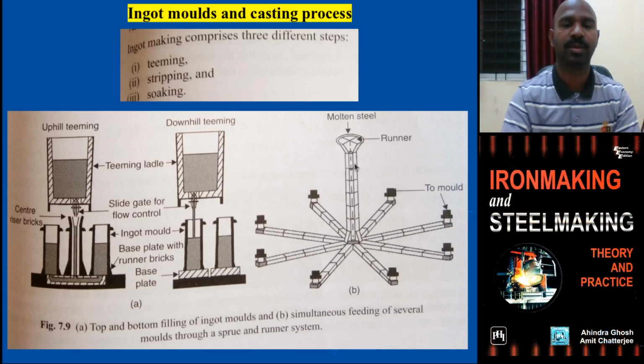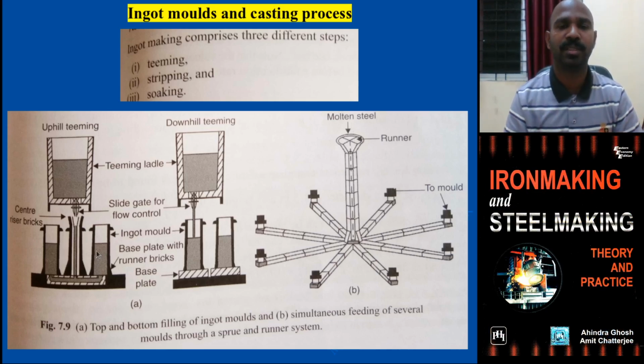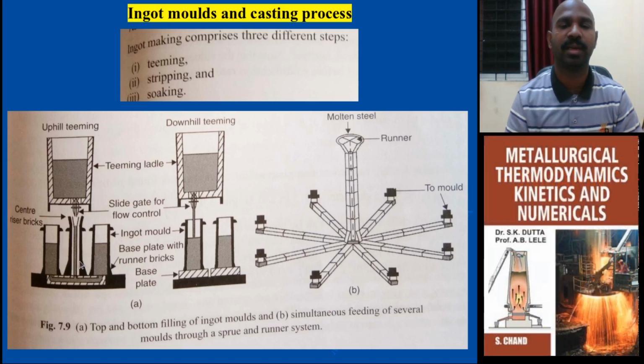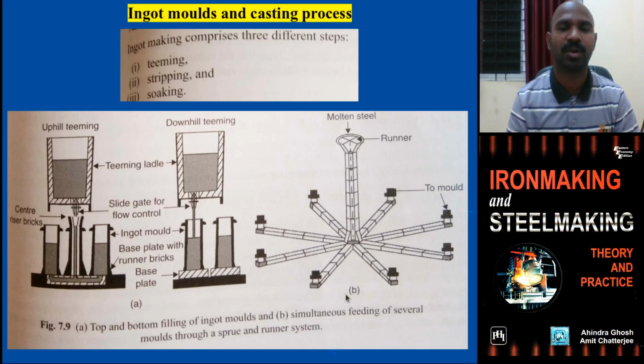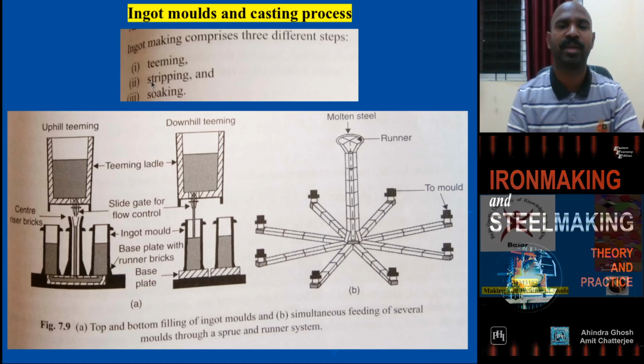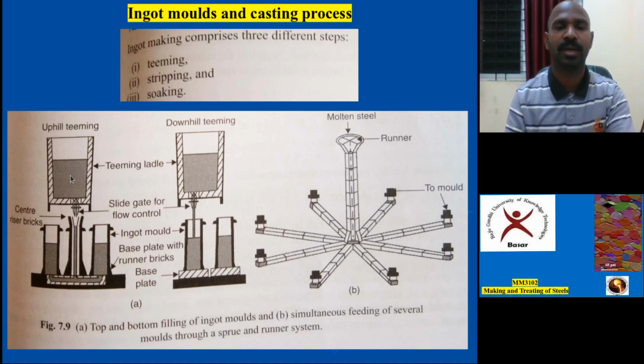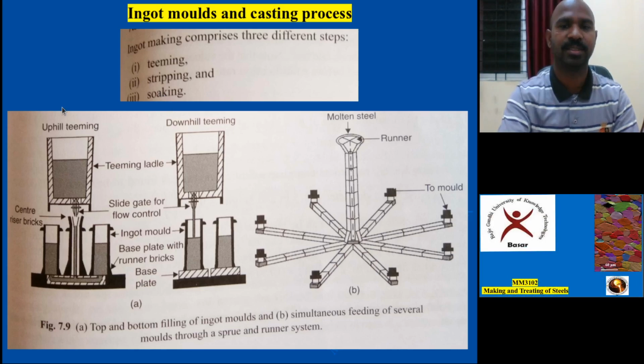Another ingot molding process uses a sprue, runner and gate. You can connect this kind of uphill process extended to many molds, and you can fill simultaneously. Using this gate, this particular mold is filled, feeding into many molds simultaneously. After solidifying, with the crane mechanism, the solidified ingot is stripped out.